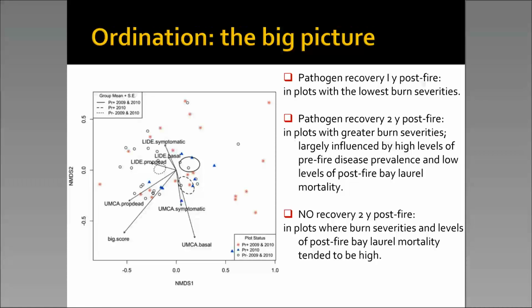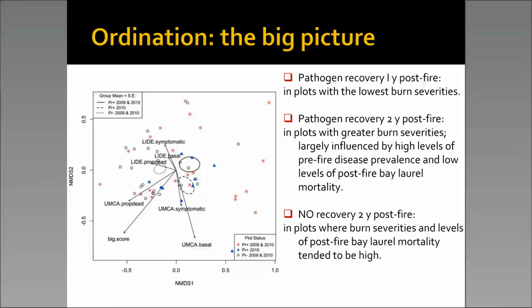And I'm just going to tell you the overall take-home message from this ordination is that pathogen recovery 1 year post-fire is in plots that had the lowest burn severities. Pathogen recovery 2 years post-fire, that is to say, in those plots where the pathogen could not be detected in the first year, but only in the second year post-fire, those plots had greater burn severities, and pathogen recovery was largely influenced by high levels of pre-fire disease prevalence and low levels of post-fire bay laurel mortality.